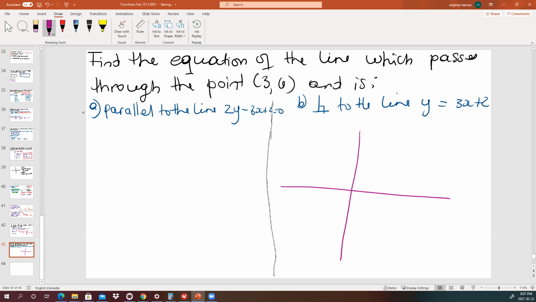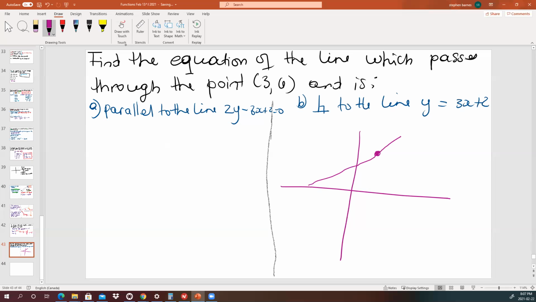So we have a point 3, 6. 3 is on the x-axis, 6 is on the y-axis. We are being asked to find the equation of the line which passes through the point 3, 6. So there is a line that passes through this point.